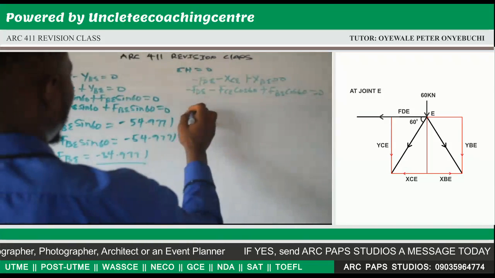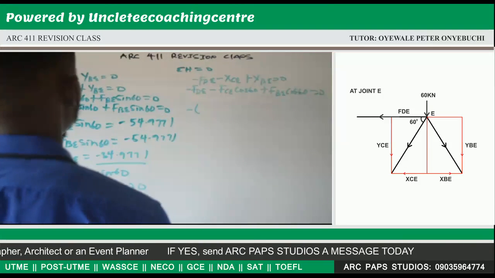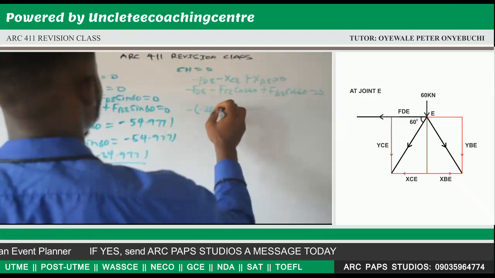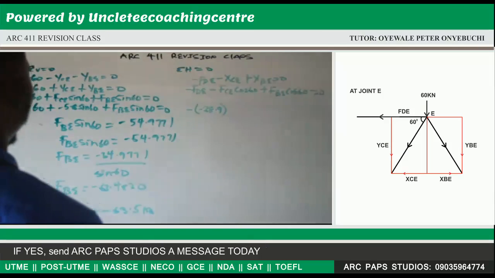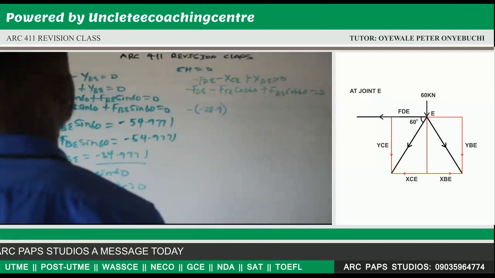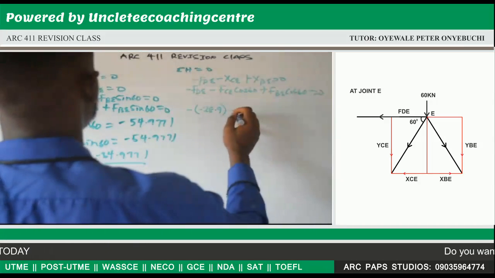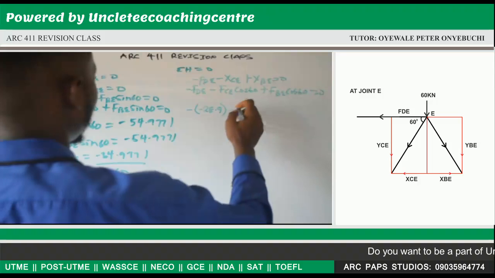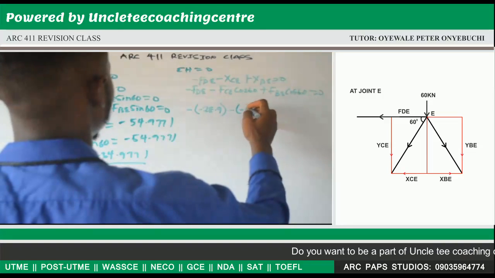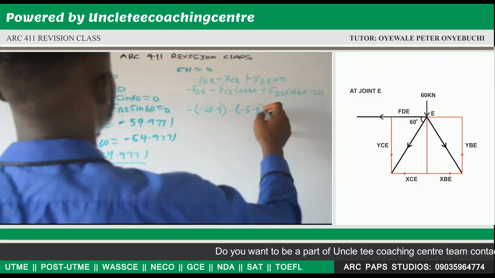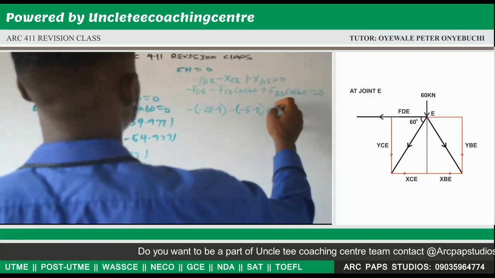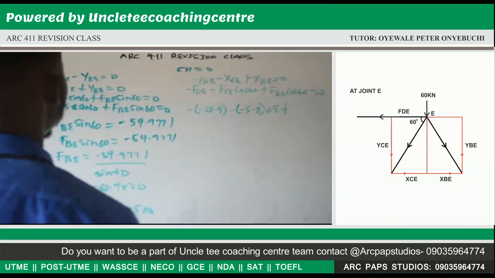Now this will give us minus, our FDE is minus 28.9. Our FCE is minus 5.8, but we have an existing minus here, so the minus 5.8 cos 60, which is 0.5, plus our FBE.